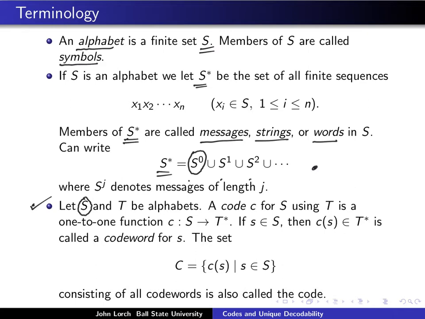So a code, C, for S using T is a one-to-one function that takes symbols in S and spits out strings in T star. So if little s is a symbol in capital S, then C of s in T star is called a code word for s.